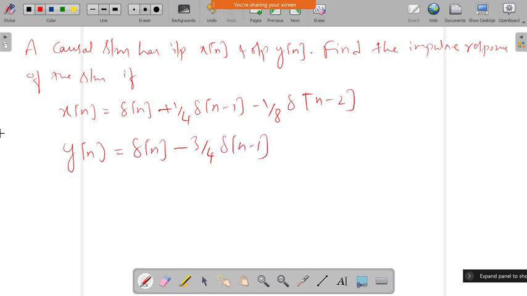Now, we know the input and output relation. From this we need to find the impulse response of the system.